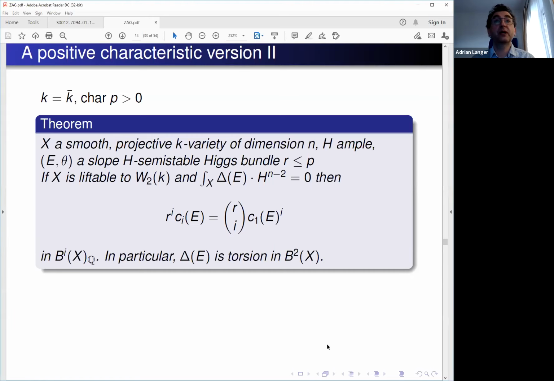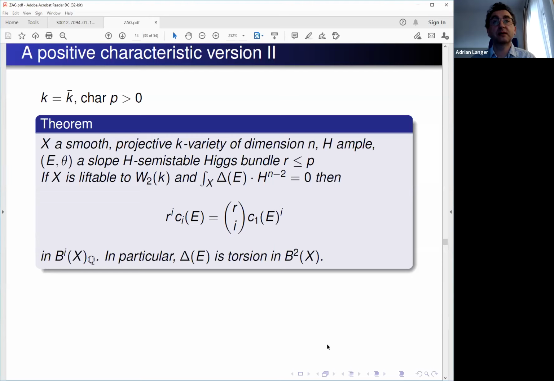If we assume that the degree of the discriminant is equal to 0, then one can show that higher Chern classes of this vector bundle are proportional to the first Chern class to the appropriate power. And in particular, this means that the discriminant is torsion in CH^2 in codimension 2.